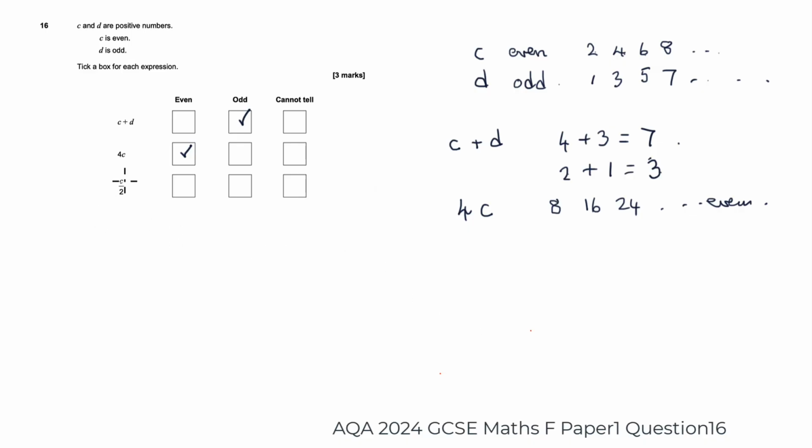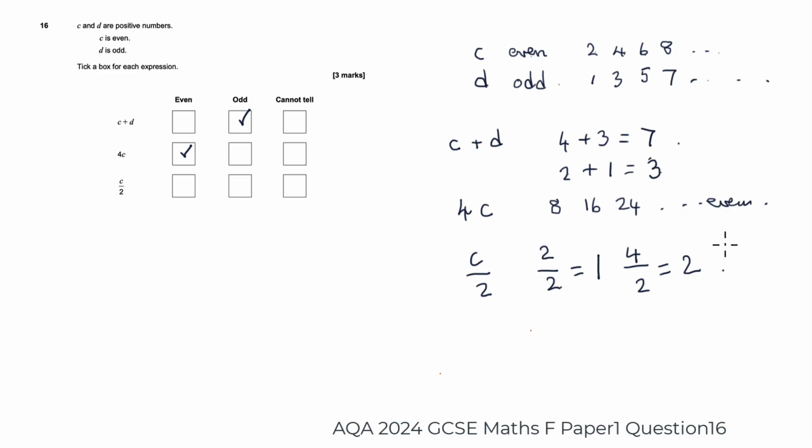Now this last one, C divided by 2, to take an even number and divide it by 2. So we take 2 and divide it by 2. We get 1. So does that mean they're all going to be odd? Well, let's try the next even number. Oh, that one's 2.